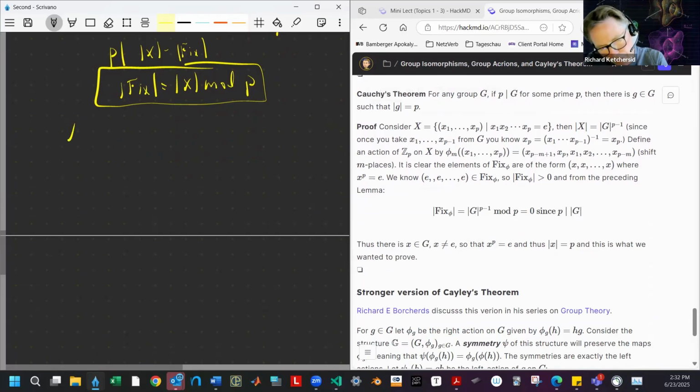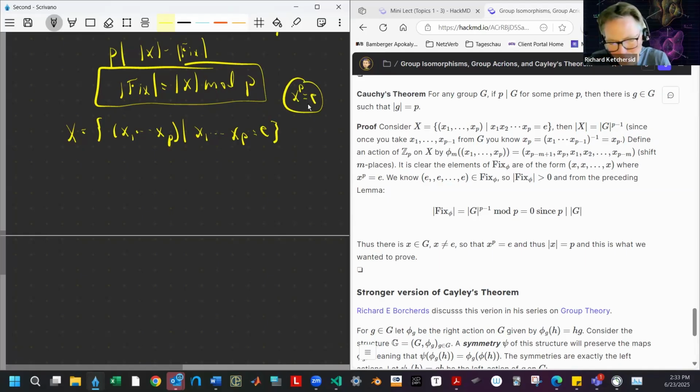What I'm going to do is look at this set X. This is not a group, I'm going to be acting on a set. This is going to be the set of tuples x1 through xp, with x1 through xp equals e. This is the cute part. Who would have thought of this? Now what I'm looking for is something where x to the p equals e, and x isn't e itself. That's sort of the point.